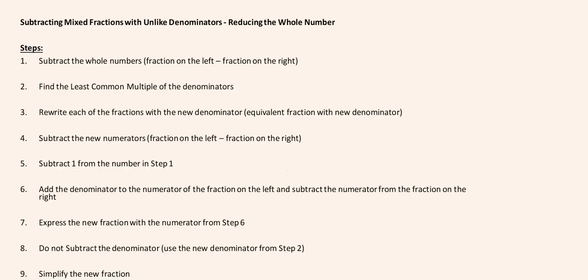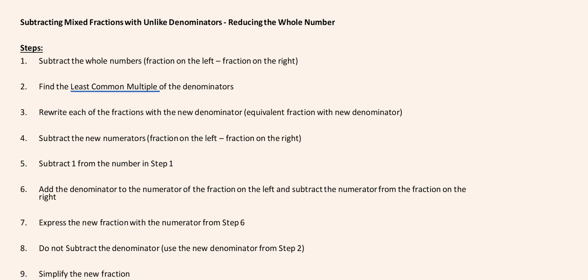So the first thing we're going to do when we're dealing with this type of subtraction is to subtract the whole numbers. We'll look at the one on the left minus the one on the right. Then we'll find the least common multiple of the denominators, very important.